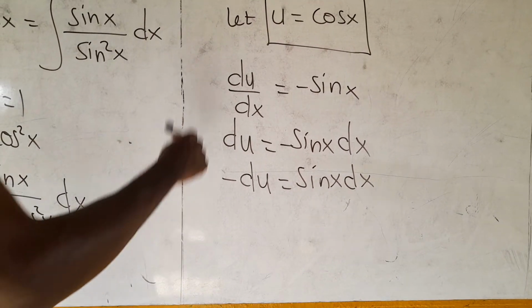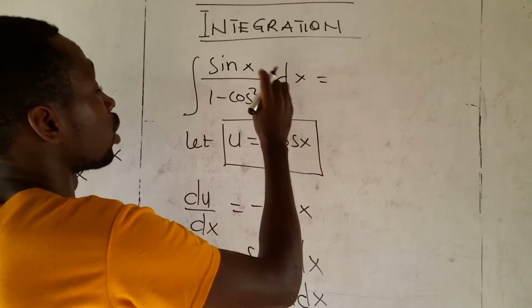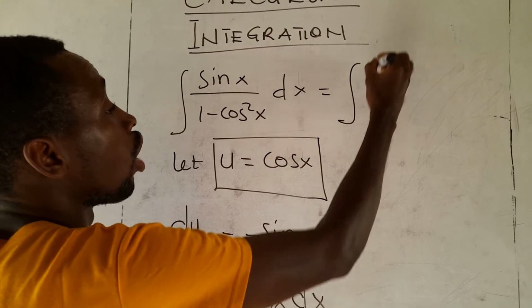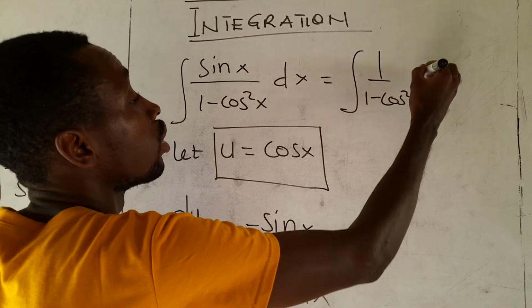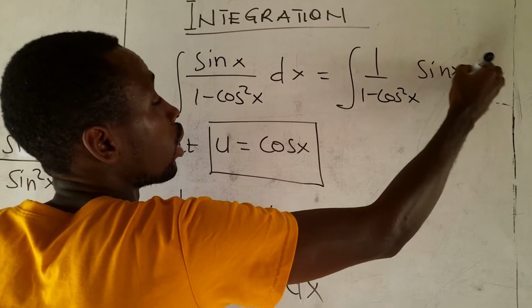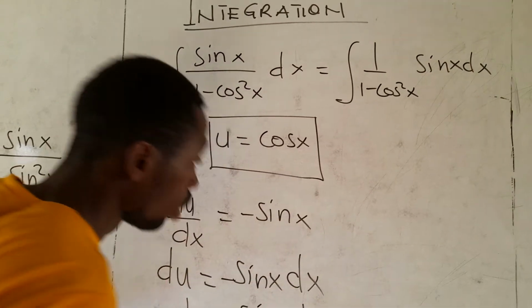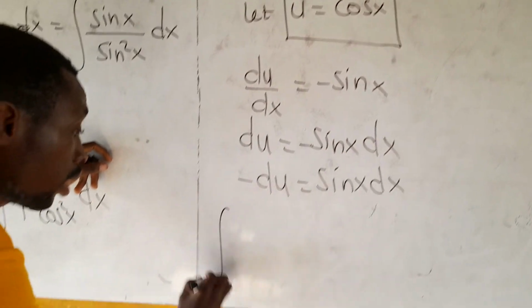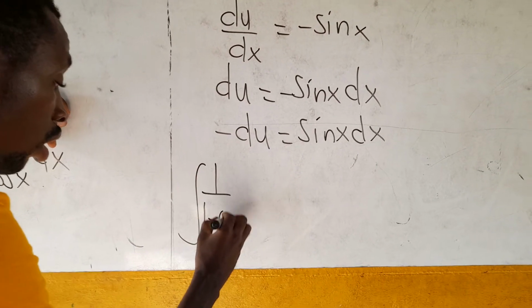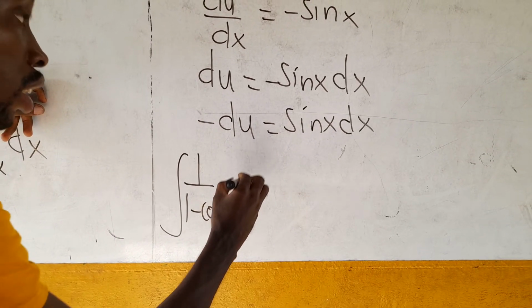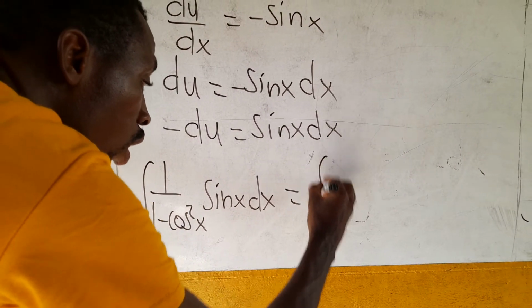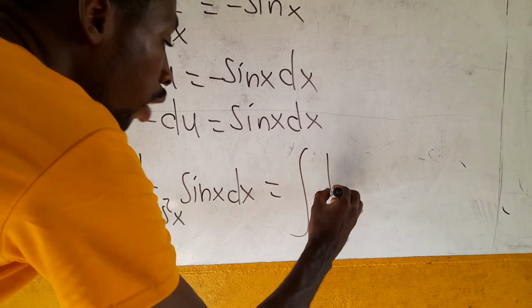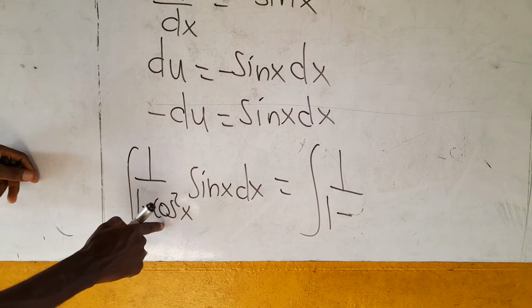So remember, we can rewrite this function as the integral of 1 over 1 minus cos squared s, sin s ds. So the integral of 1 over 1 minus cos squared s sin s ds will be equal to the integral of 1 over 1 minus, what's our cos?